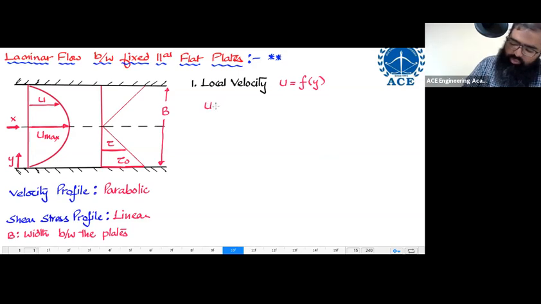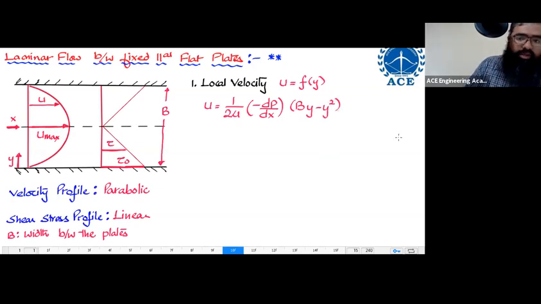The formula for u is equal to 1 by 2 mu times minus dp upon dx, multiplied by b times y minus y square. This is the first equation. You have to memorize this equation. No escape. Rest of the things are extremely easy.